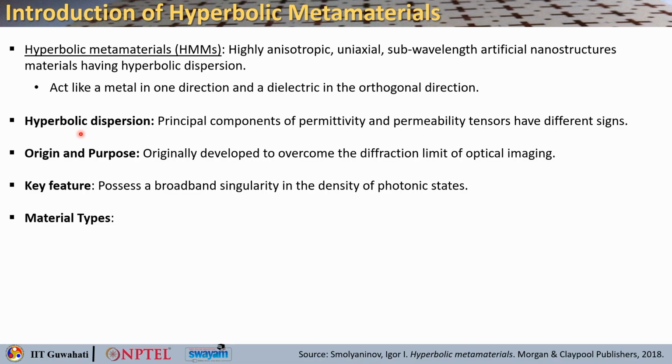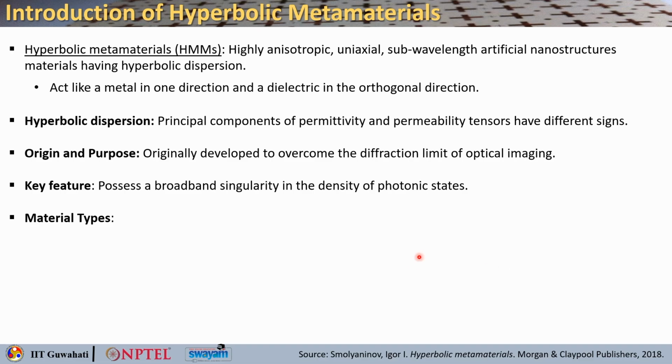One such property is hyperbolic dispersion, where the dielectric permittivity has different signs along different directions. That means, say, your epsilon parallel is positive and epsilon perpendicular is negative, right. This difference in sign leads to broadband singularity in the photonic density of states. Now, what is the consequence of this?